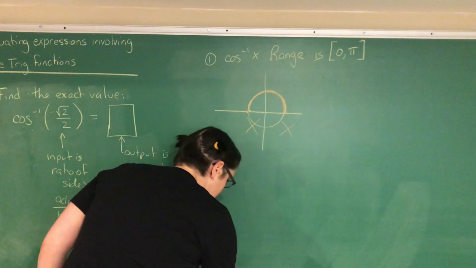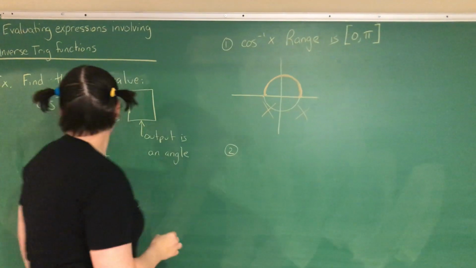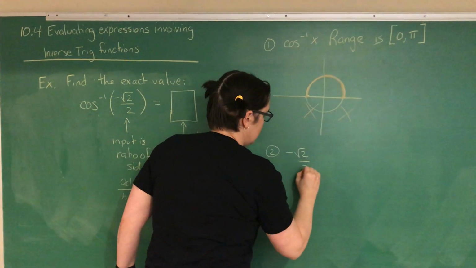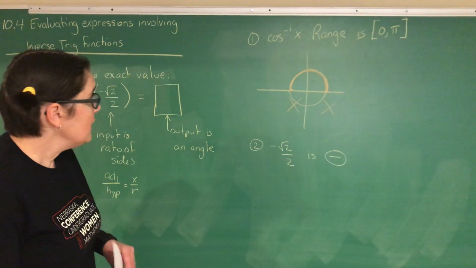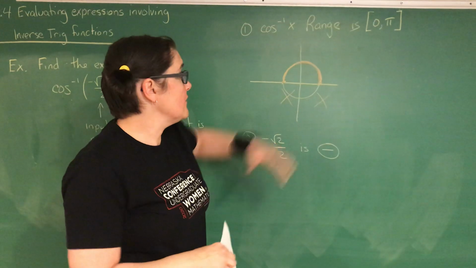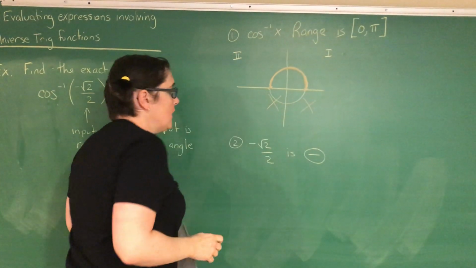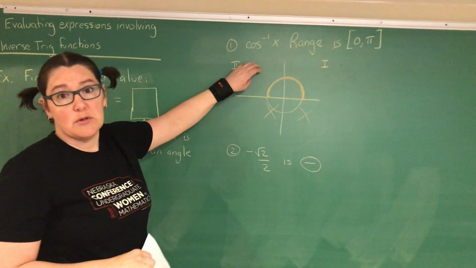Okay, the next thing I want to think about is the ratio that we have, and the ratio we have, negative root 2 over 2, is negative. And so in terms of the two quadrants that I can choose between, quadrant 1 and quadrant 2, the cosine function is positive in quadrant 1 and negative in quadrant 2.